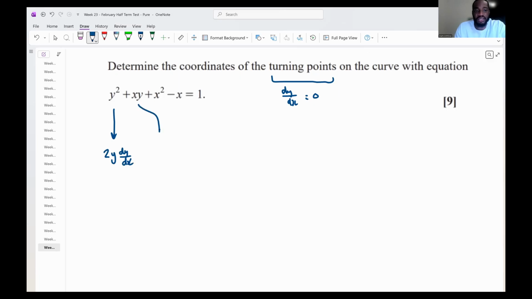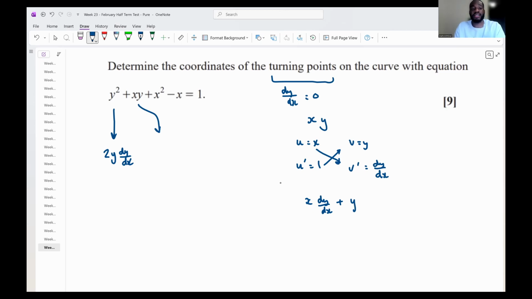Now, how do I differentiate xy? Fantastic, product rule. Let's set u equal to x and v equal to y. u dash is going to equal 1, and v dash is going to equal 1 times dy/dx, which is just dy/dx. u v dash plus v u dash is x dy/dx plus y.